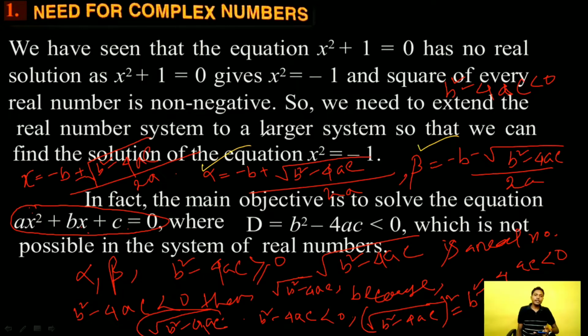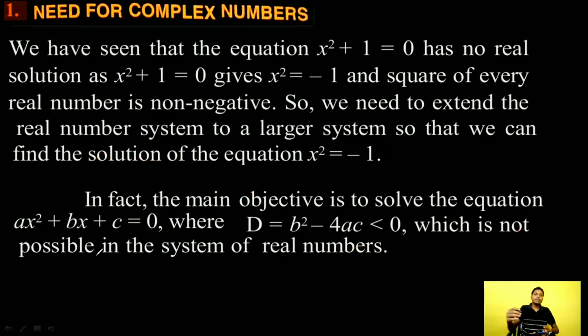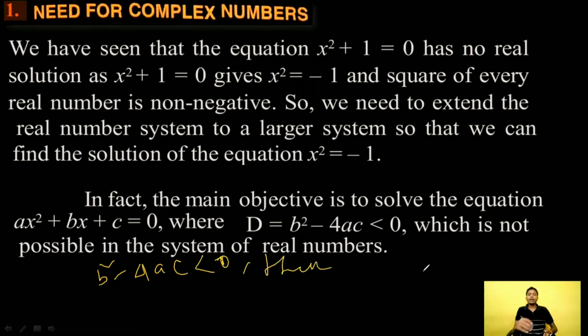Then we need a different number system which is larger than our real number axis, a larger number system where we can find the solution of this quadratic equation. Clear? That's why we need to understand the complex number system.